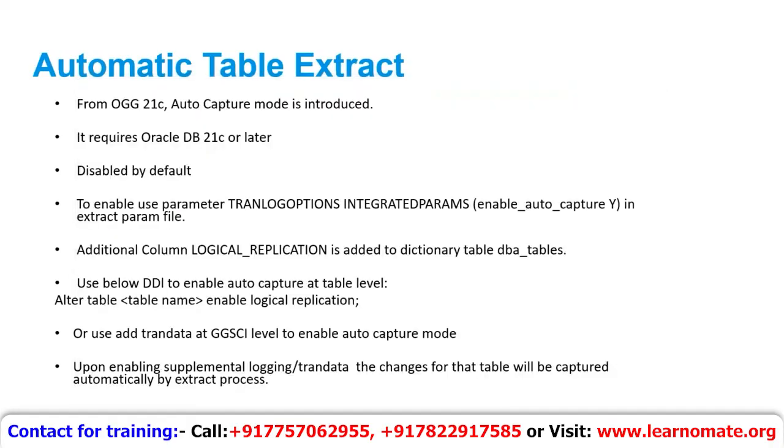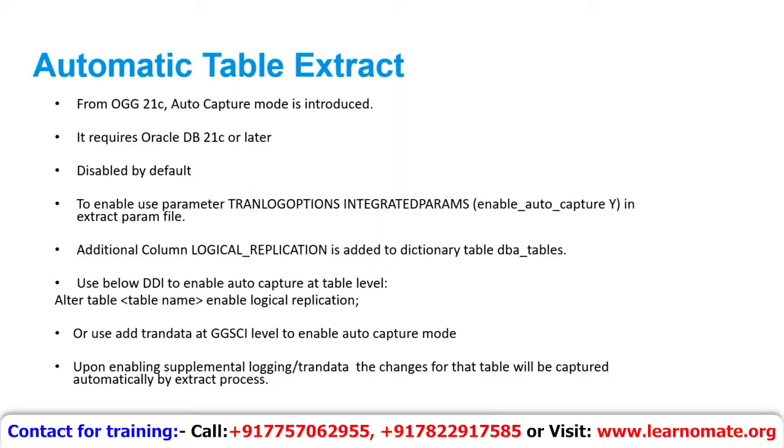From 21C onwards, auto capture mode is introduced, which is called automatic table extract. It requires Oracle database 21C or later. So remember, if your database is 19C, you cannot use this feature. For using automatic table extract, your Oracle GoldenGate needs to be 21C, and the Oracle database needs to be 21C as well.